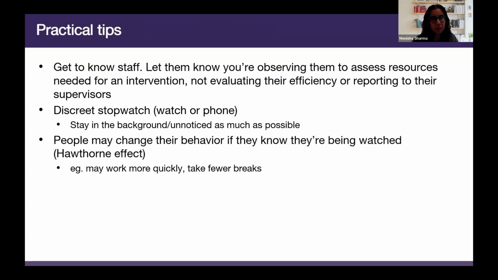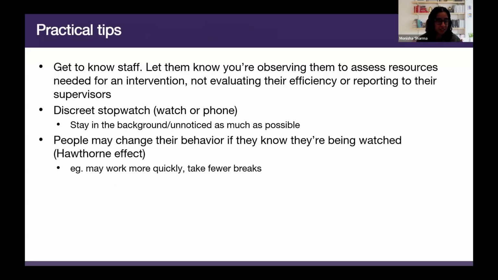And just some practical tips, because we've run into this when doing time and motion observation. If you're getting an external person in to watch staff as they conduct their job, you want to let them know that you're just timing this to understand resources needed for an intervention. You're not evaluating their efficiency or reporting things to their supervisors.